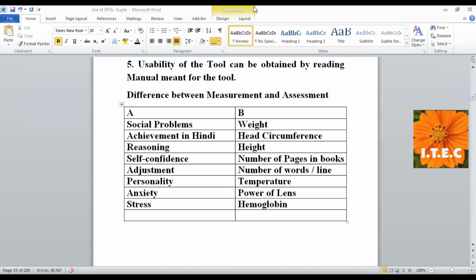Jyoti, whatever is under A are variables, all these will vary. Whatever is under B are variables, all these will vary. So in both the cases, they will vary.